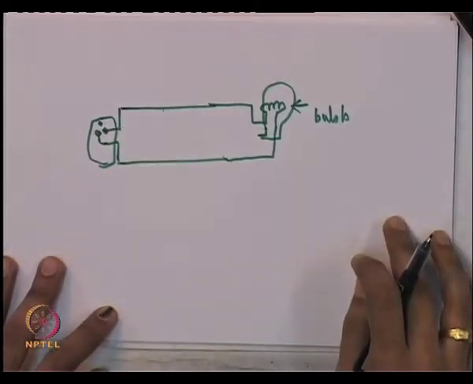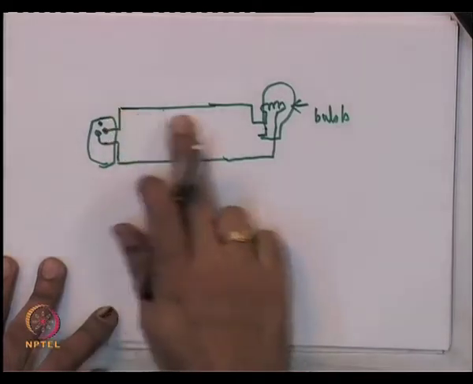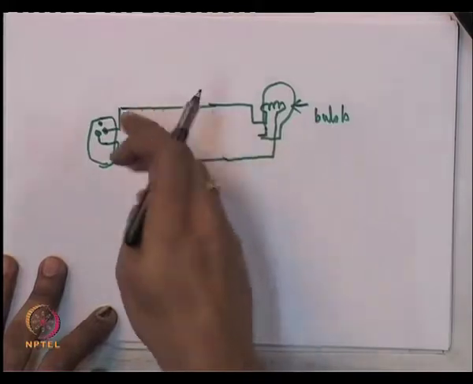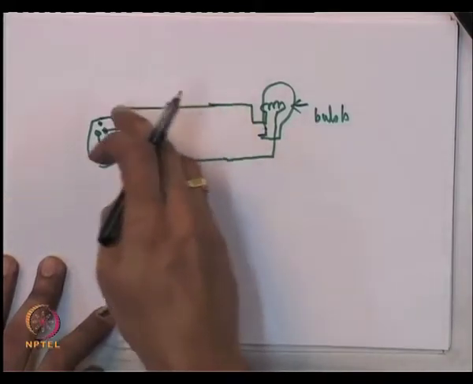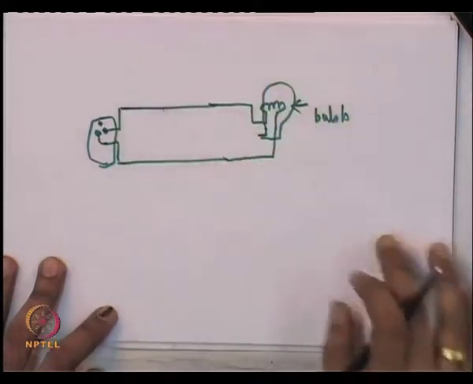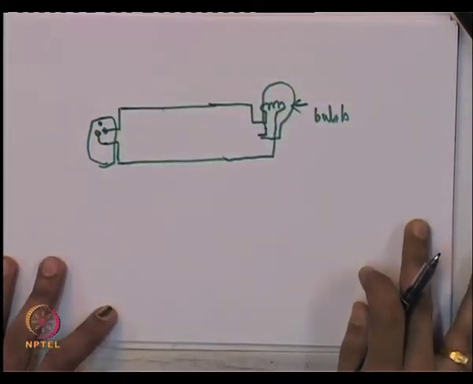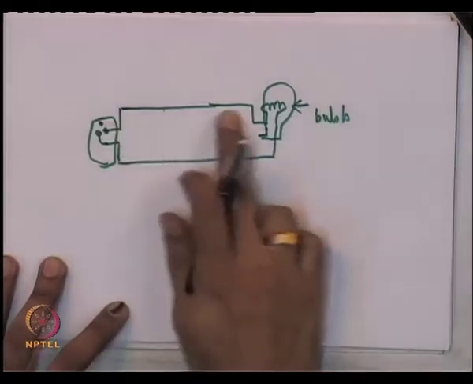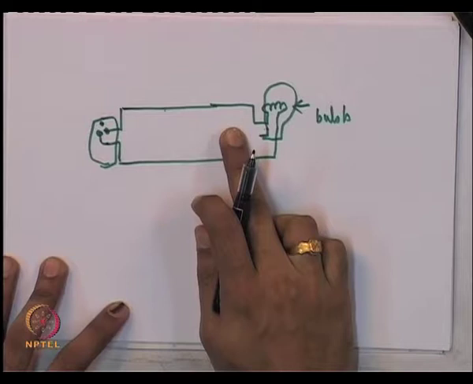So, what somebody may say is, well, if you really want to study how this bulb is going to light up, you ought to model all the inductances, the distributed inductances and capacitance as in a transmission line. Now, the point is you really do not need to do that, because the transients associated with this die down very soon. Okay?